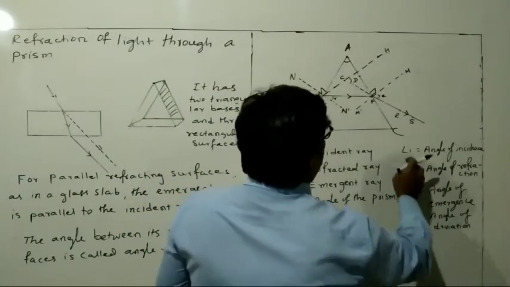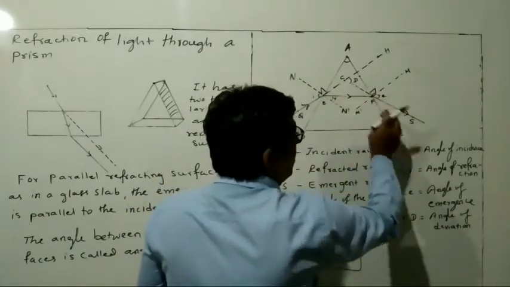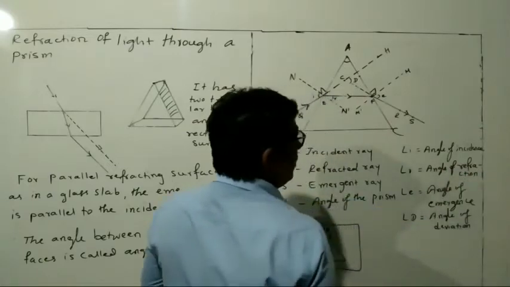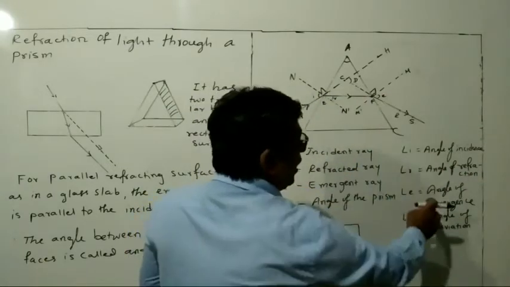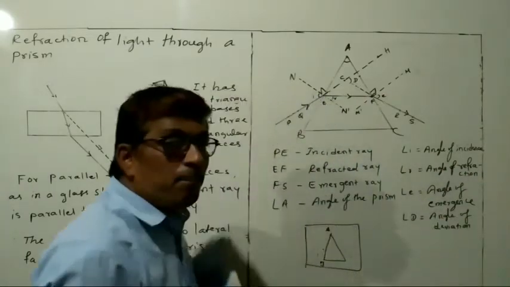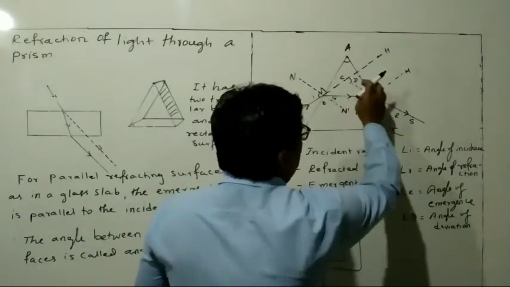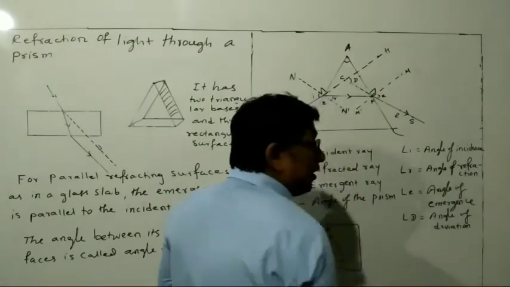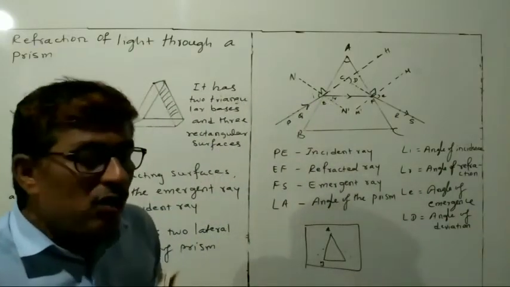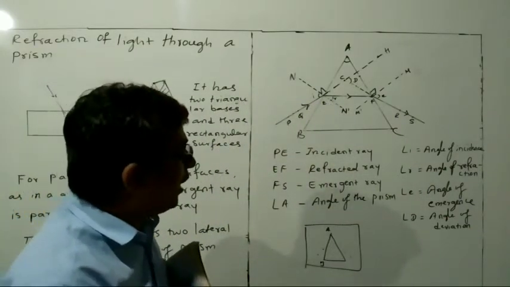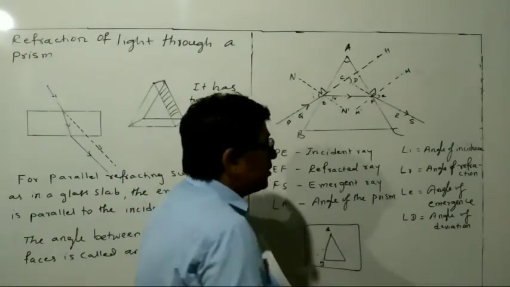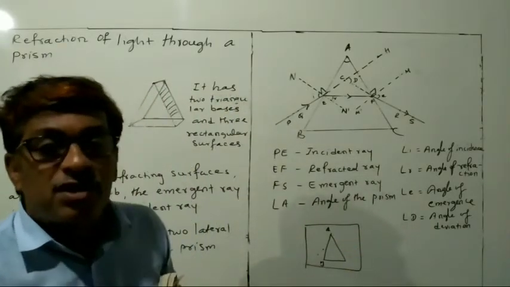Angle R is the angle of refraction. Angle E is the angle of emergence. And the new one for you, angle D. Angle D is the angle of deviation. These are all so important for you, angle of prism and angle of deviation.